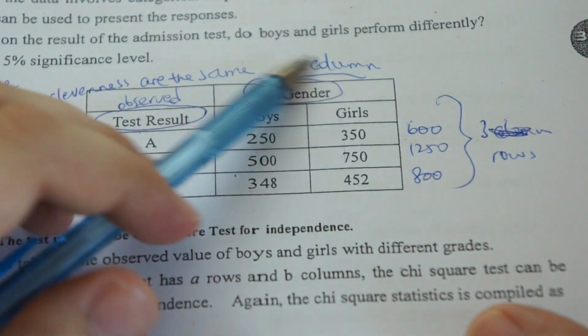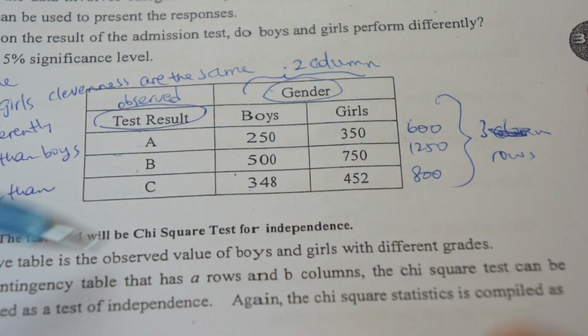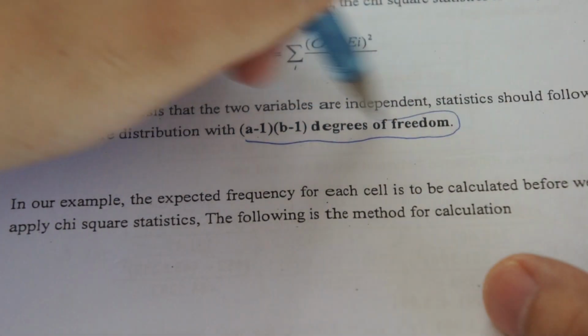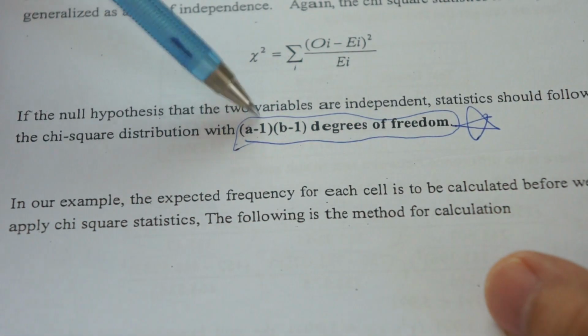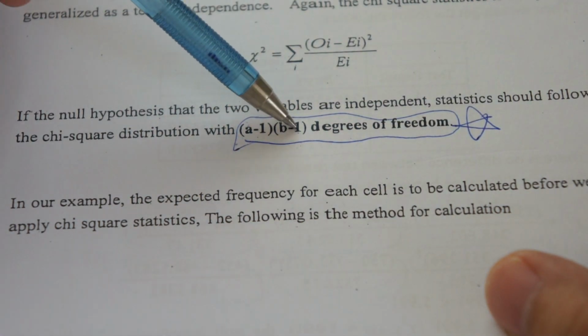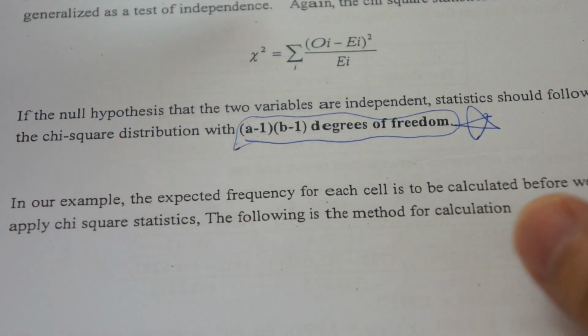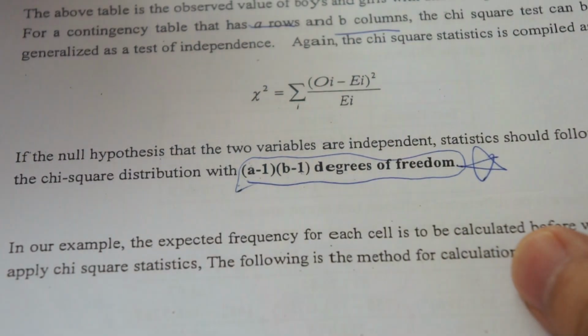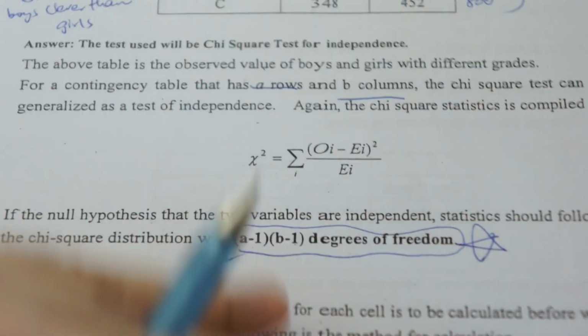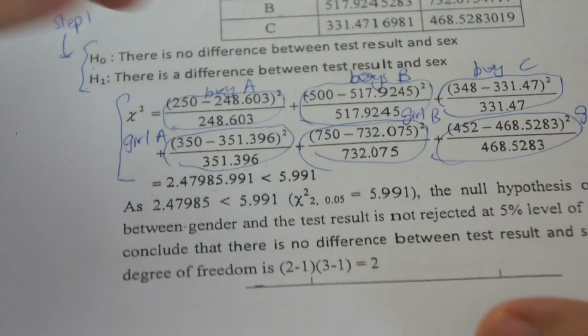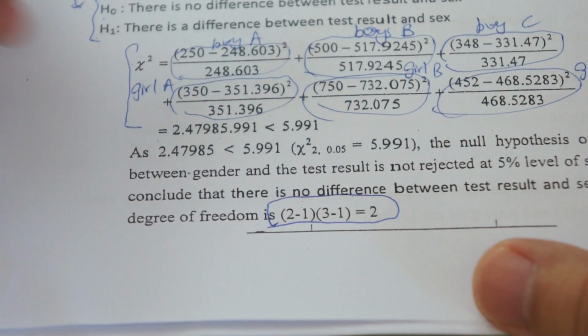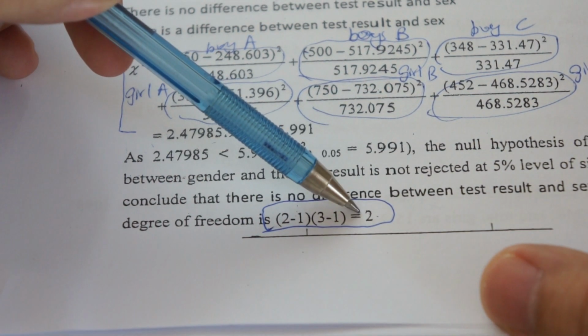If we have more than 1 column and more than 1 row, our degrees of freedom should use this formula. Remember, this is more important. We have A minus 1 times B minus 1, where A is the number of rows and B is the number of columns, as I said in the notes. So finally, the degrees of freedom should be 3 minus 1 times 2 minus 1, so the degrees of freedom should be 2.